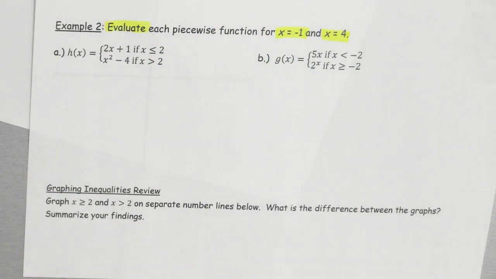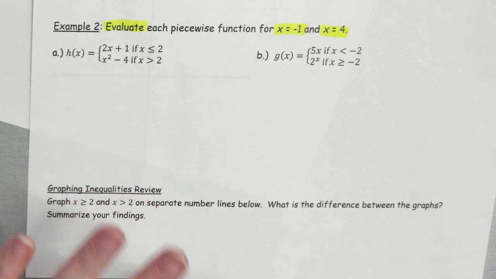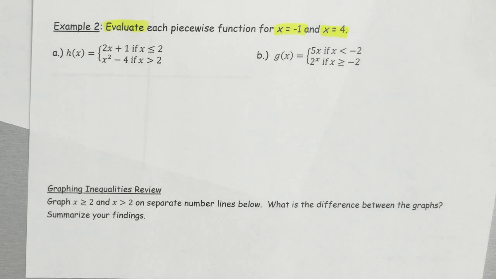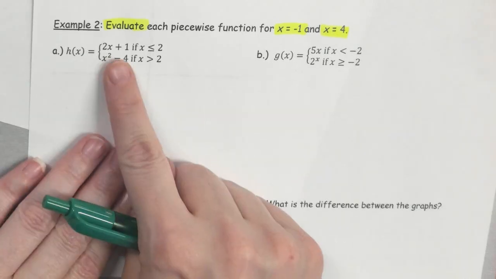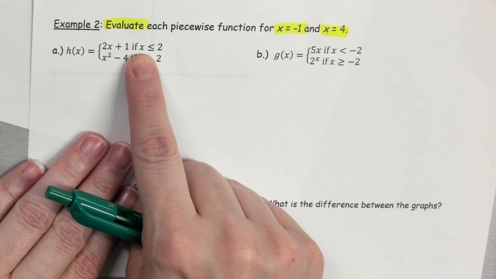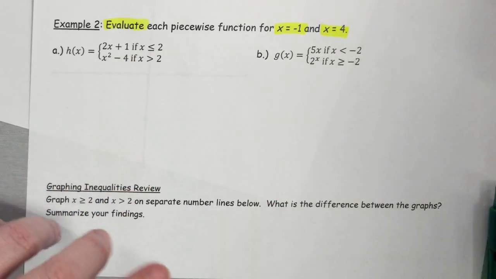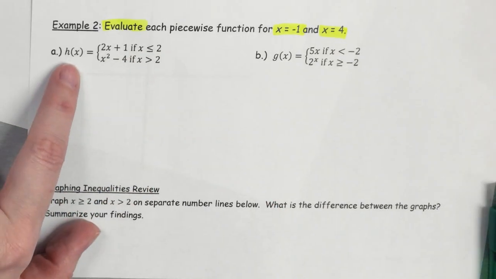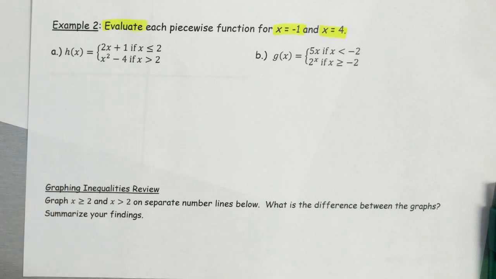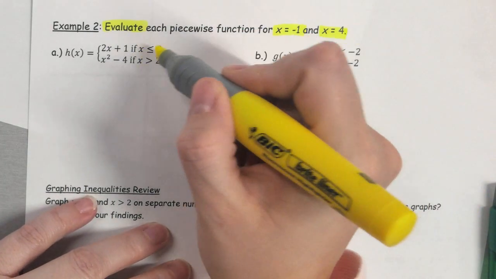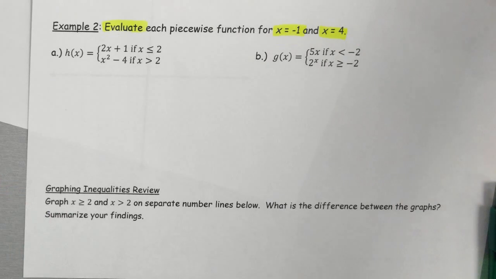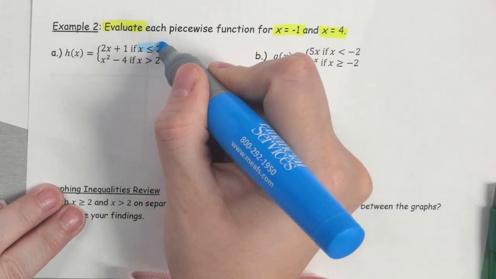Okay? So for our notes, I'm going to give you some helpful extra things, and then I'll tell you what I expect to see on your homework. So this is 2x plus 1 if x is less than or equal to 2. Notice that this says h of x equals, and then you have these fancy brackets here. So this is if x is less than or equal to 2.